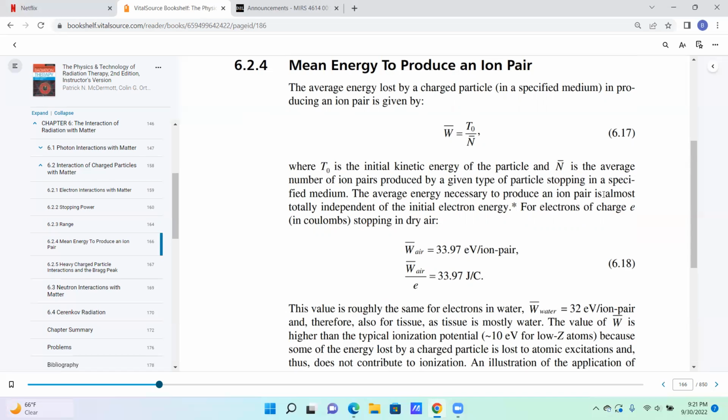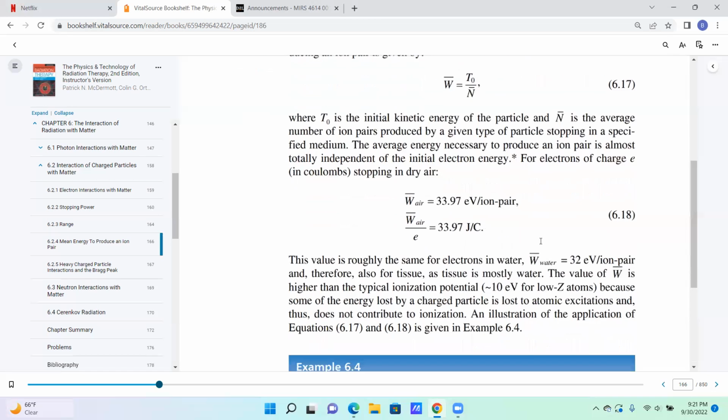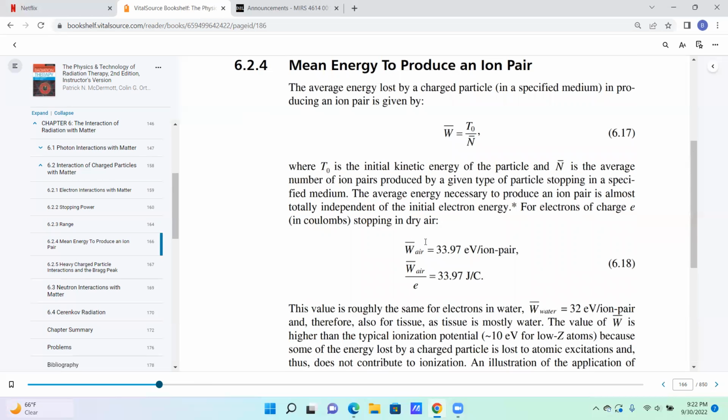The average energy necessary to produce an ion pair is almost totally independent of the initial electron energy. So for electrons, with electron charge e, stopping in dry air, the average energy lost by an electron is 33.97 eV per ion pair, or 33.97 joules per coulomb.